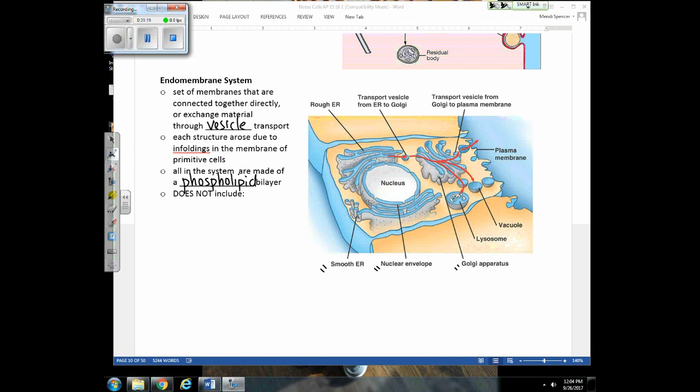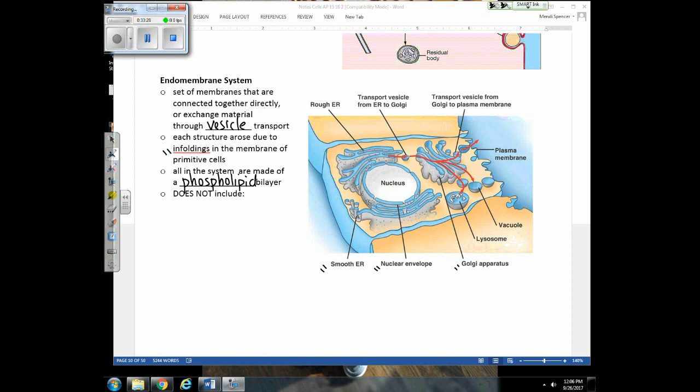We've already seen diagrams of the rough ER forming vesicles, and those vesicles then can move to and fuse with the Golgi and become part of the Golgi. So that's what we mean by vesicle transport. We also discussed how the members of the endomembrane system are thought to arise in cells. It's because of enfoldings of the cell membrane or the plasma membrane. And if you remember, the plasma membrane is made of a phospholipid bilayer, and so are all these other parts of the cell that are part of the endomembrane system.